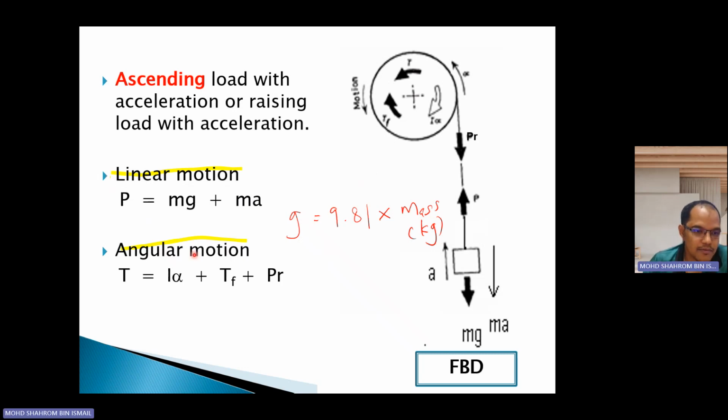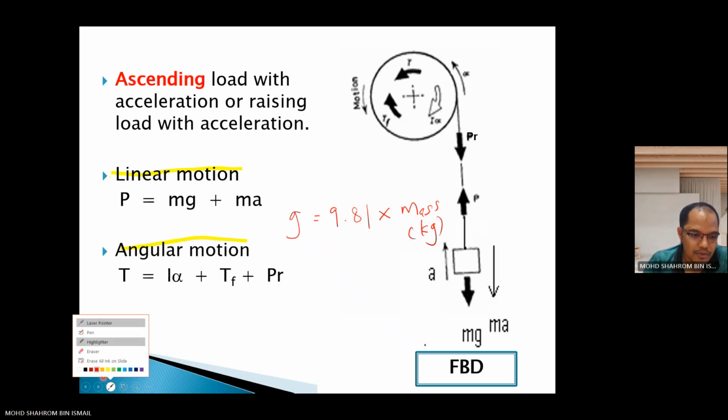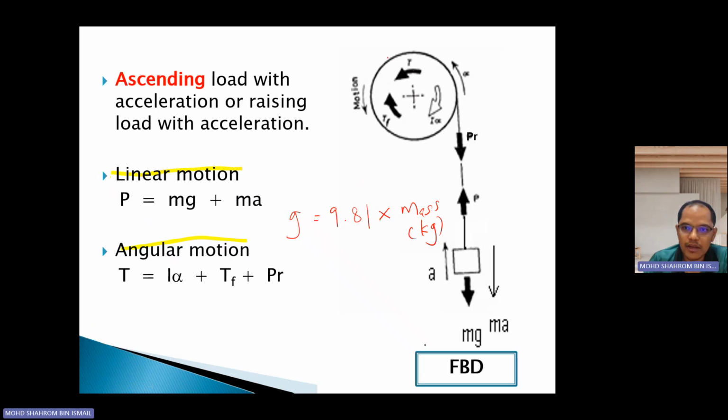Again, for the angular motion, what our point of interest basically is T, which is torque or torsion. So what is torsion? Torsion basically is some kind of load where we need to quantify what is the torsion needed. Once it rotates anti-clockwise, let's say, in order to lift up the mass here.